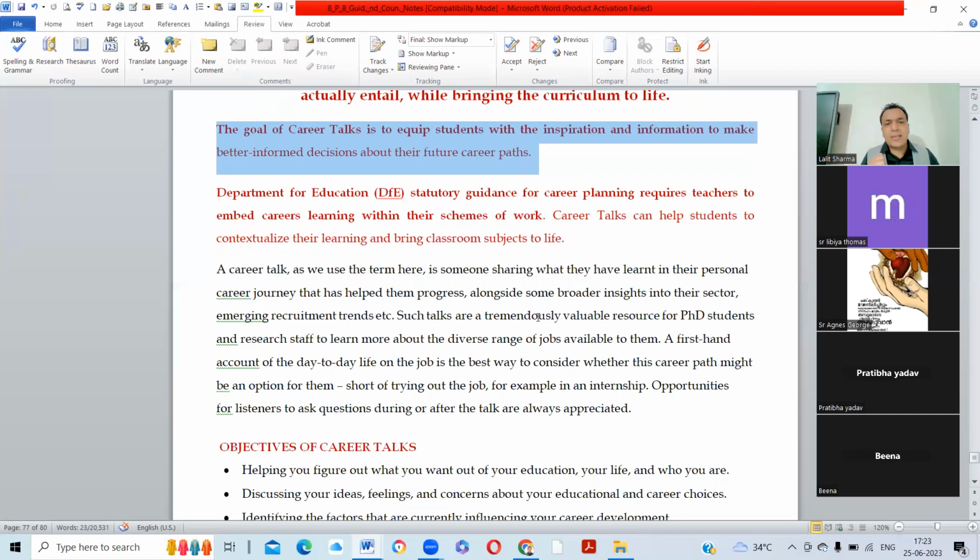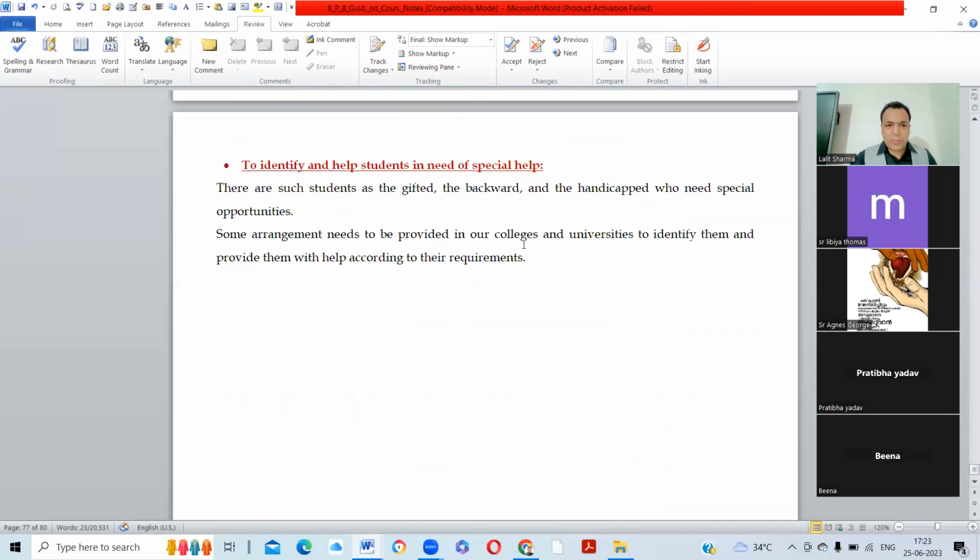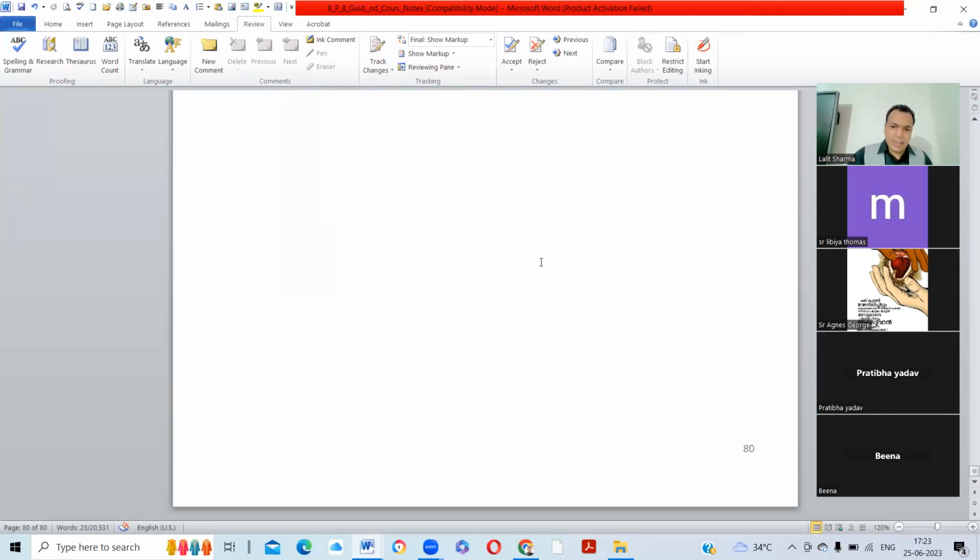The student is not taking the right decision because of the failure of the teacher, meaning up to 10th you didn't prepare the student so that he can take the decision by himself. Are you getting it? So this is very important, right guys? That's why all these subjects are in the B.Ed course. So these are all the objectives of career talks.